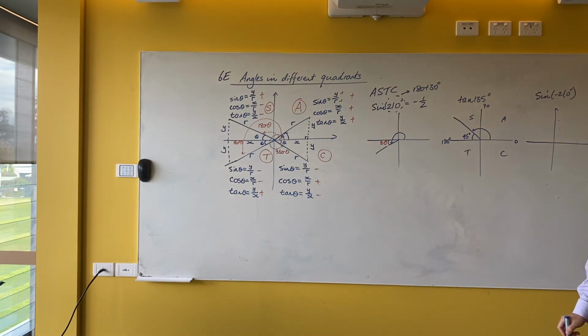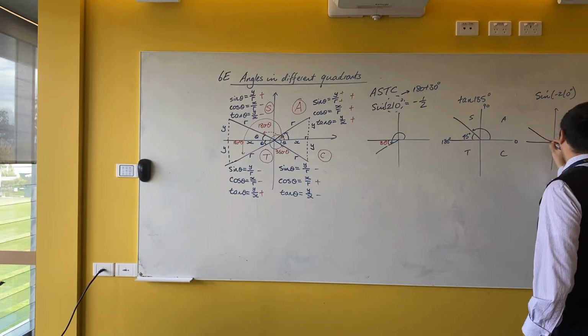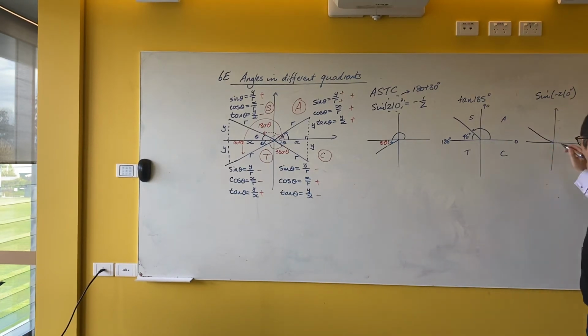No, ASTC stays the same. But for a negative angle, instead of going anti-clockwise, I go clockwise. So that's 0, minus 90, minus 180. I didn't draw very well, but you get the idea. So that'll be 30.